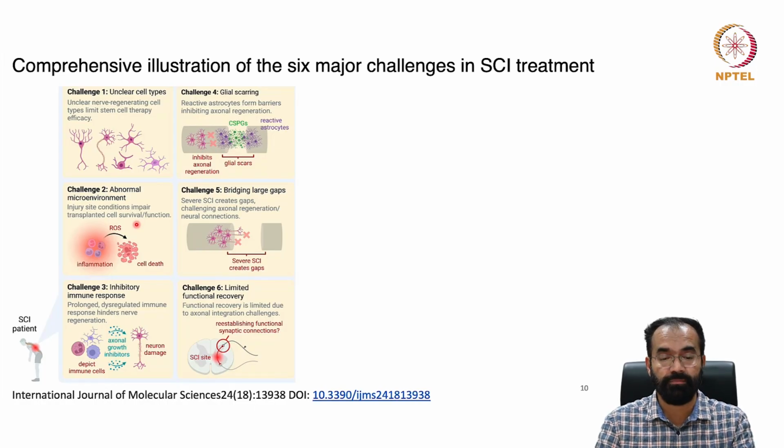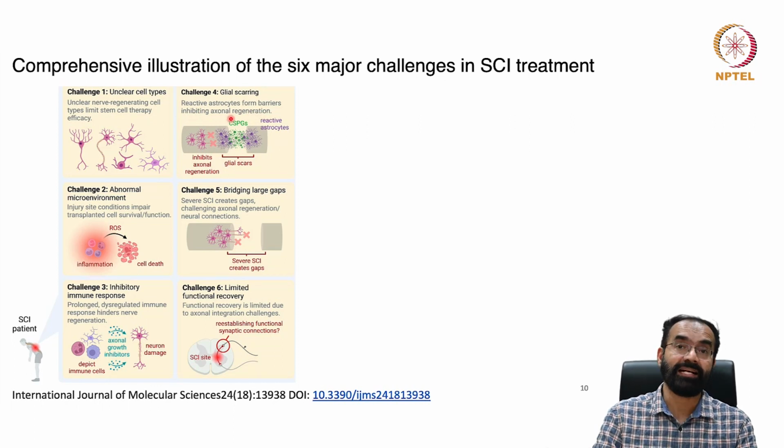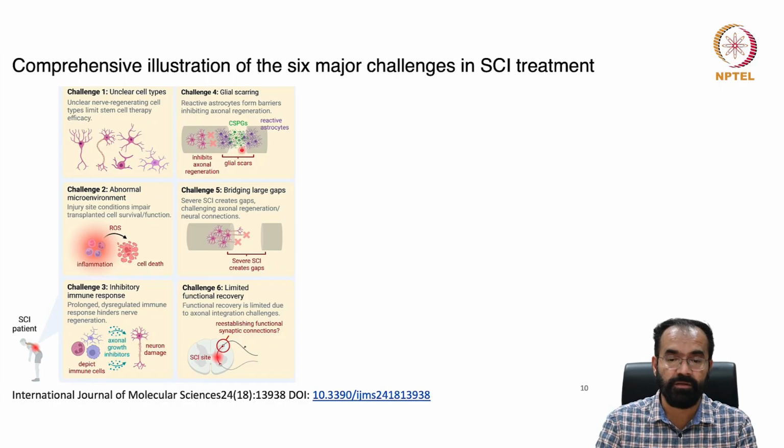So even if you put stem cells, it doesn't help much. Challenge 3: inhibitory immune response. Prolonged dysregulated immune response hinders nerve regeneration. And challenge 4: glial scarring. Reactive astrocytes form barriers inhibiting axonal regeneration. That is another trouble. As you can see here, glial scars are being formed.